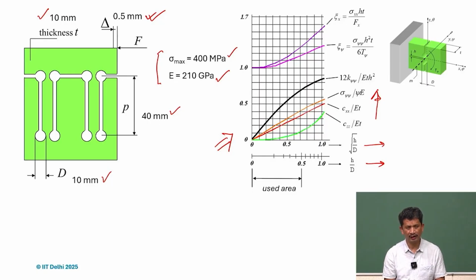But if we really want to know the numbers, one thing we can always do is the FE analysis. We can check how close these numbers are, and of course with experiments we can do modal analysis, vibration analysis, and find what the stiffness values are.